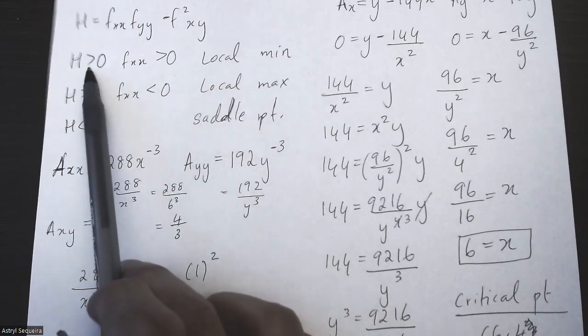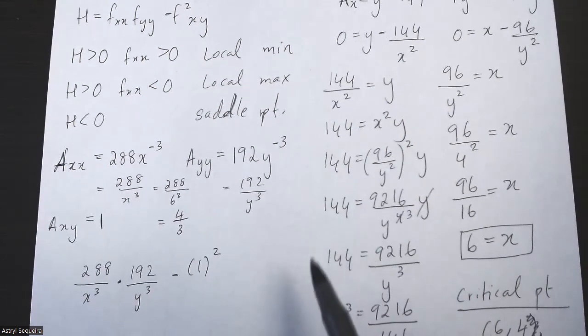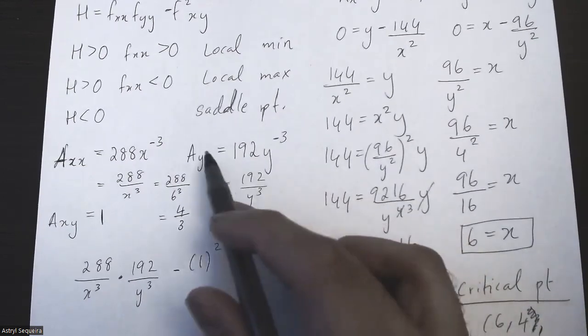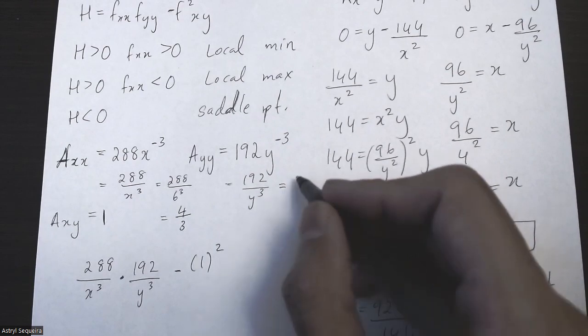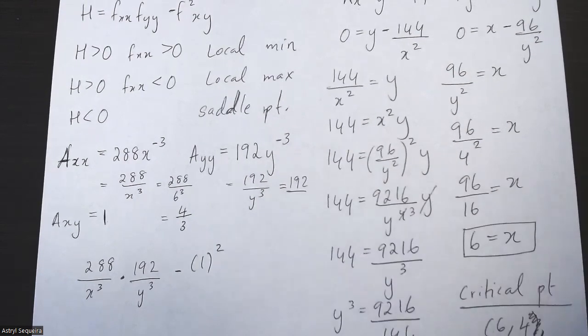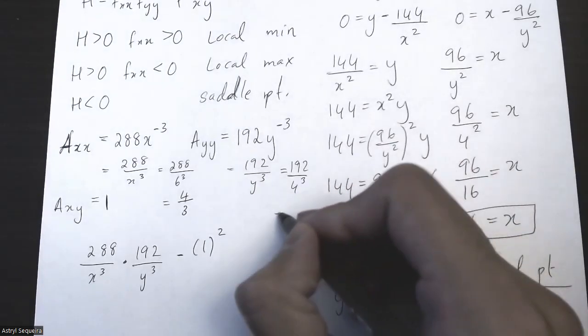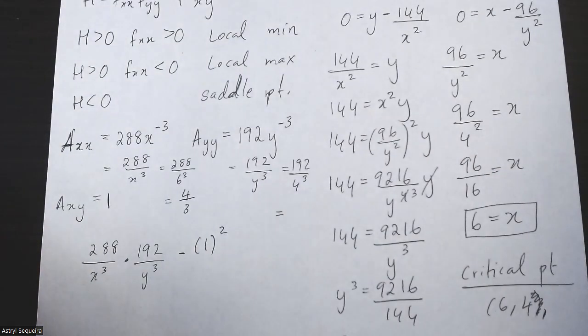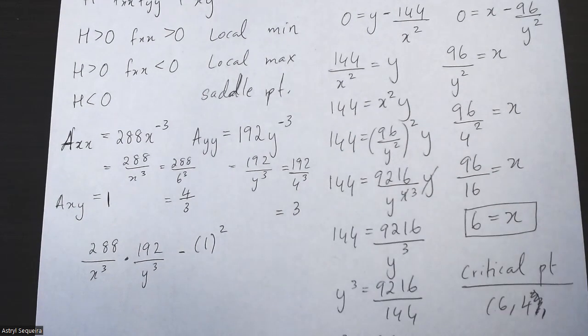Now all we have to prove is h is greater than 0. So I'll find my ayy really quick as well. So this is just 192 over y is 4, so 4 cubed. So 192 divided by 4 to the power of 3 is just 3.